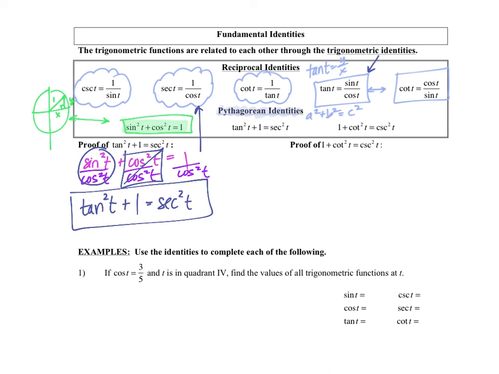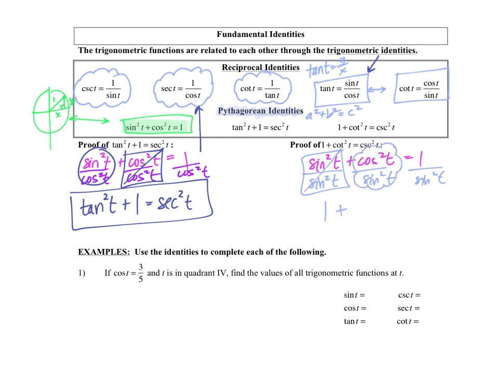All right, same thing is true on the second one. I'm going to start again with what I know. Sine squared of t plus cosine squared of t is equal to 1. This time, let's divide everything by sine squared of t. Sine squared divided by sine squared is 1.